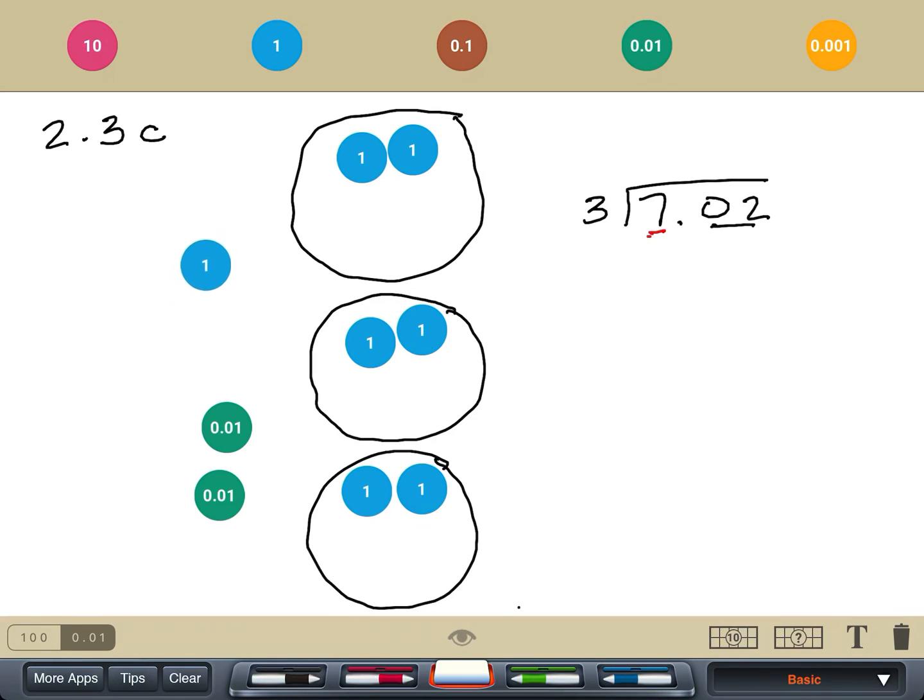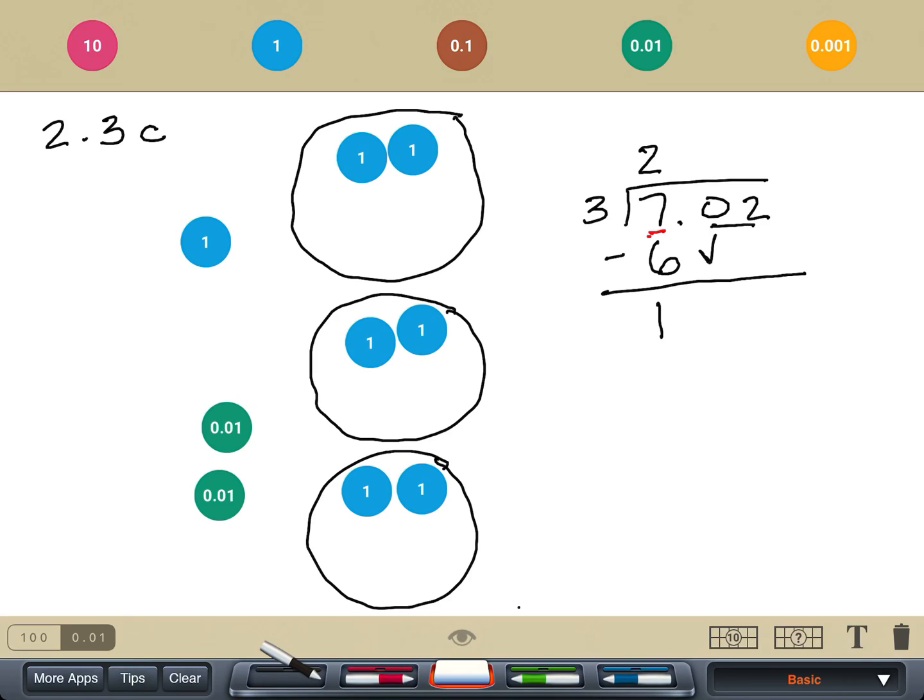I don't have enough ones left over to give each of the groups one more whole one. So we're going to write this by saying we gave each group 2, we used 6, and we have 1 left over.